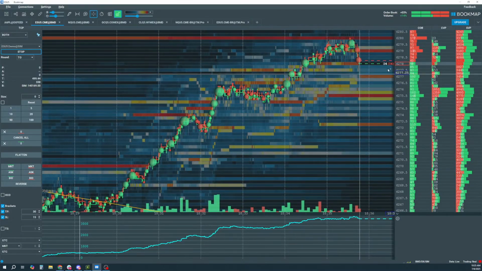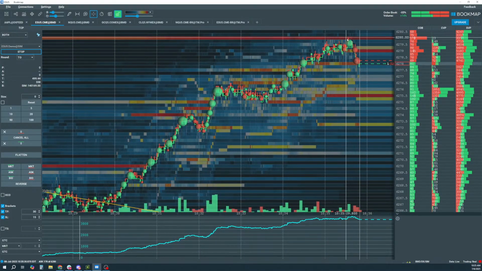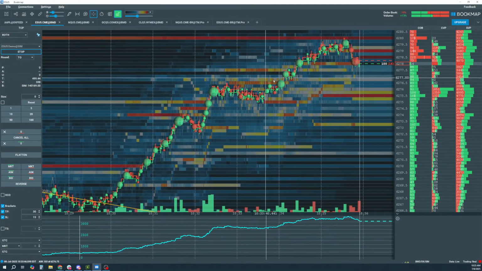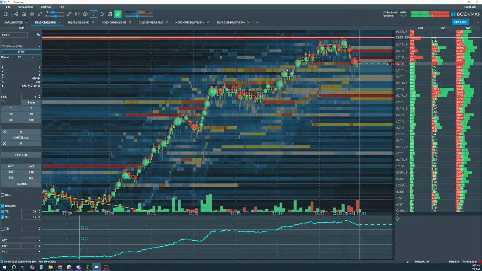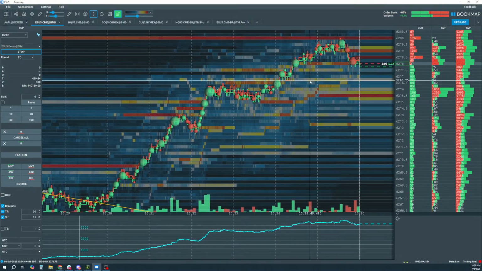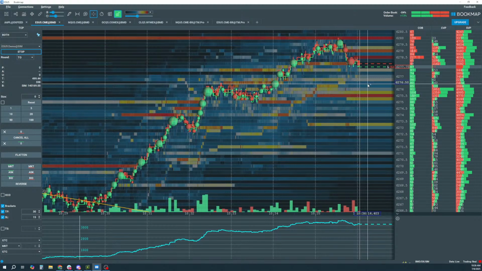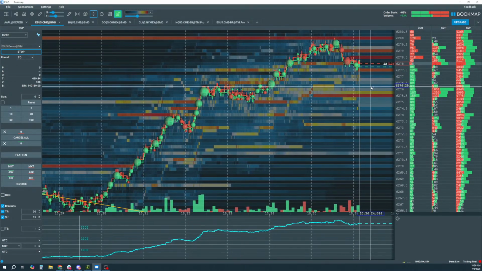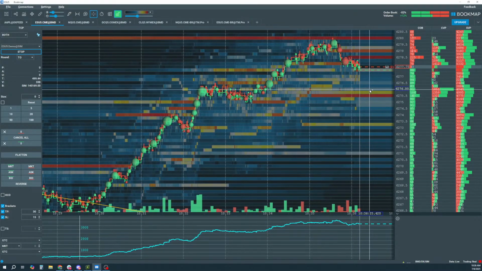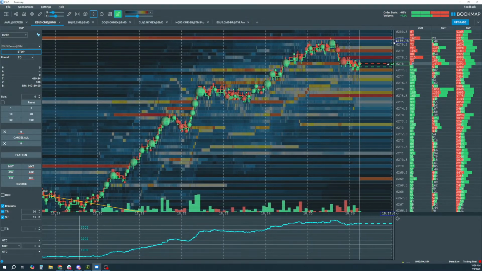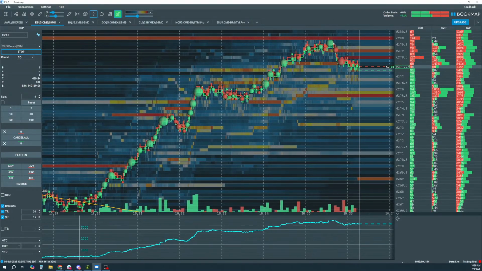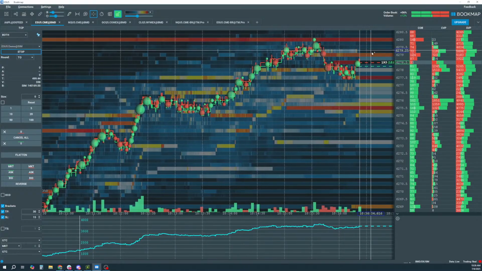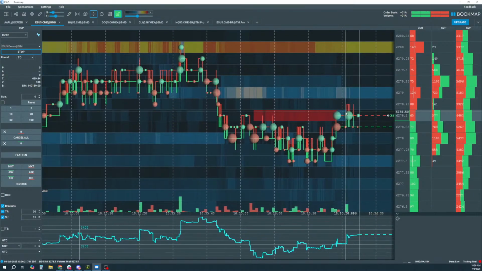Okay, there we go. So not much traded up there at 80, but you can see the 23 contracts. The buyers did not take them on, basically, not much. Okay, this is getting interesting here.